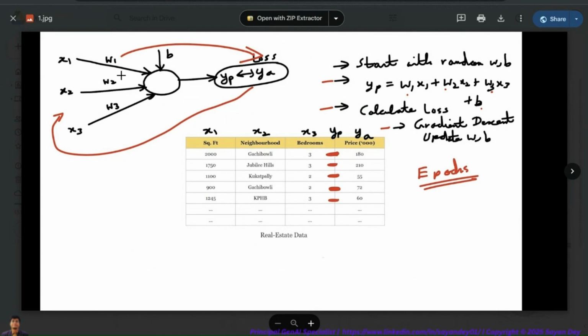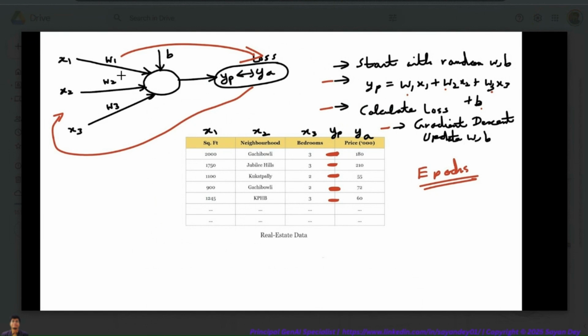So the end result of neuron training is we are trying to narrow down to the best possible value of weights and the best possible value of bias. We are trying to find out what is the ideal weight and what is the ideal bias. That is what we are trying to do. What are the weights and biases of the neuron?